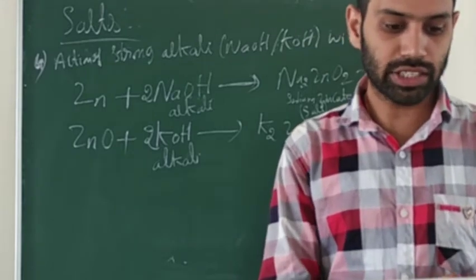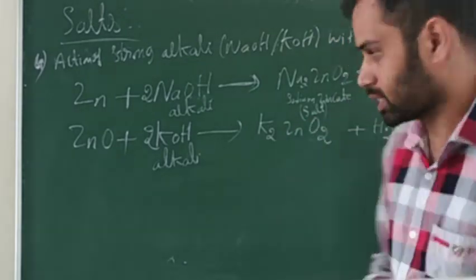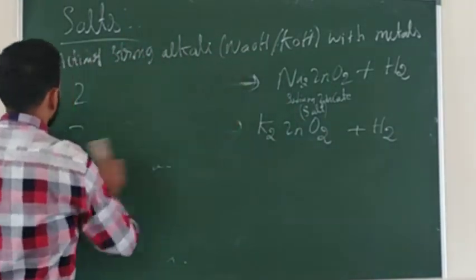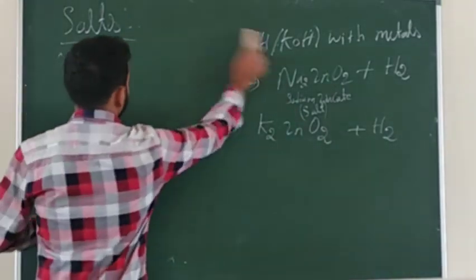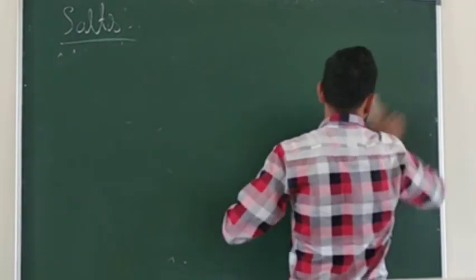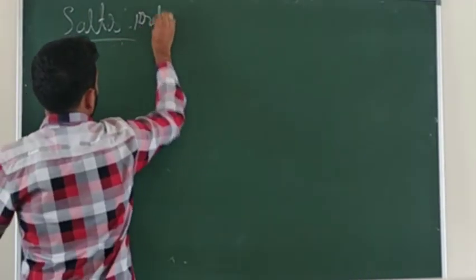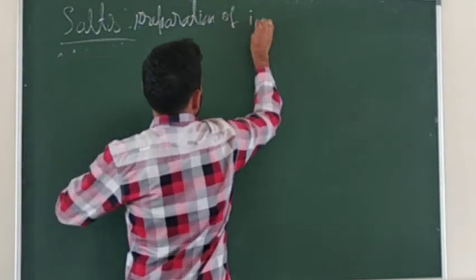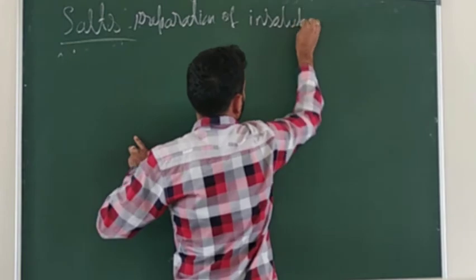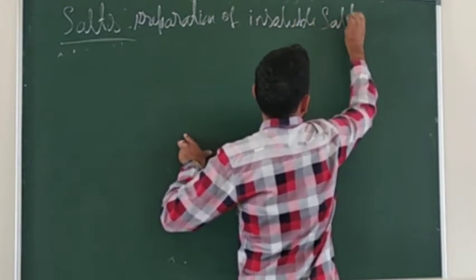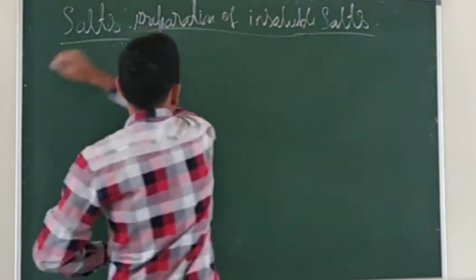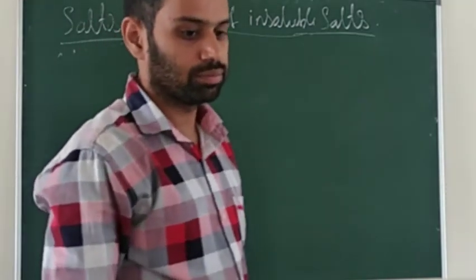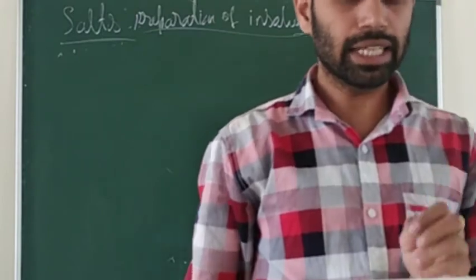Okay, now next I will move to the preparation of insoluble salts. What you learned from the last class is the preparation of soluble salts. Now, preparation of insoluble salts. The first method is by direct combination.